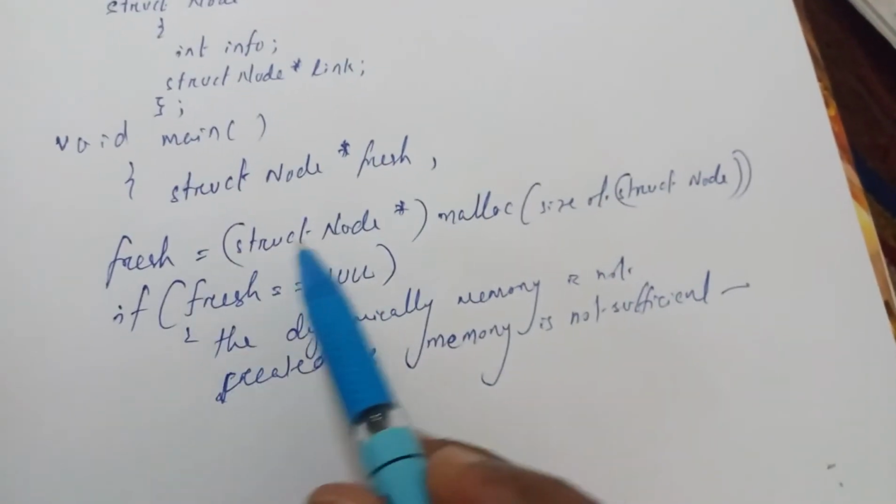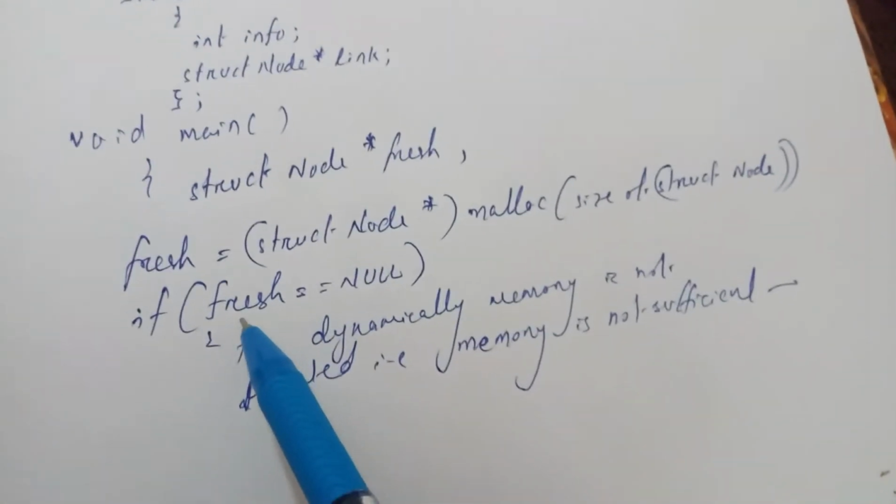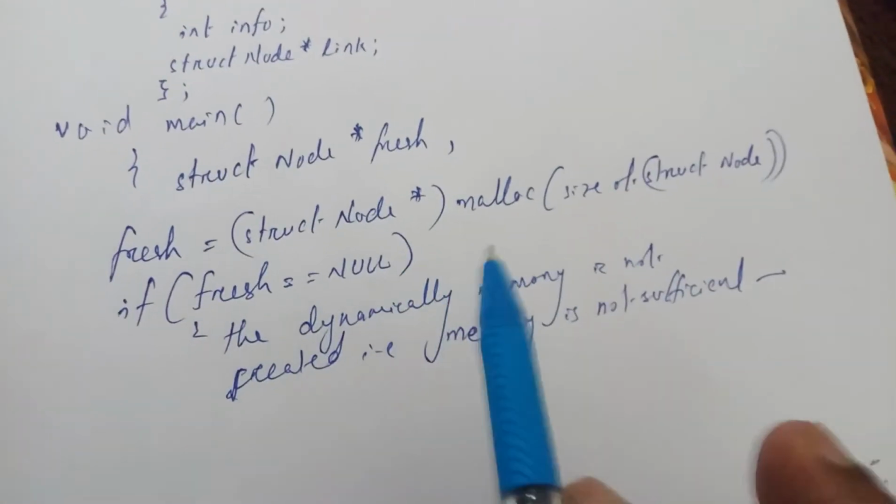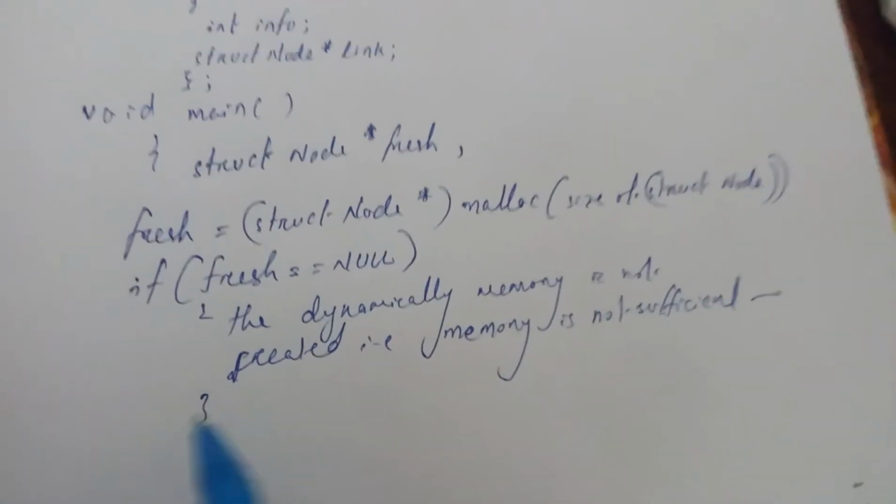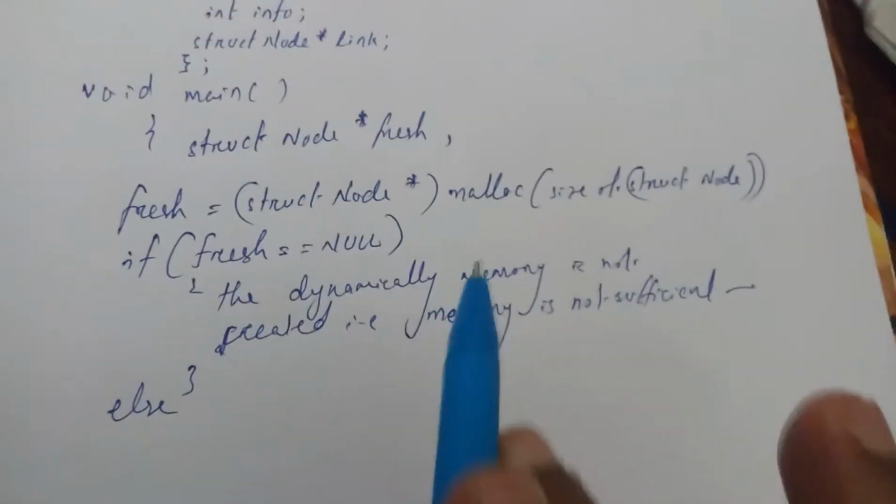If phrase equals to null, that means memory is not created because insufficient memory is there. Else, it is created.